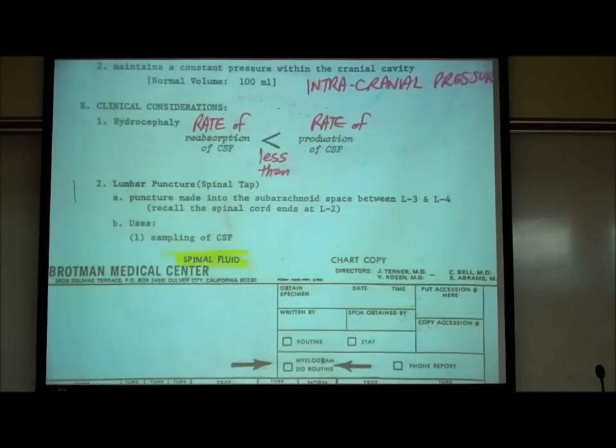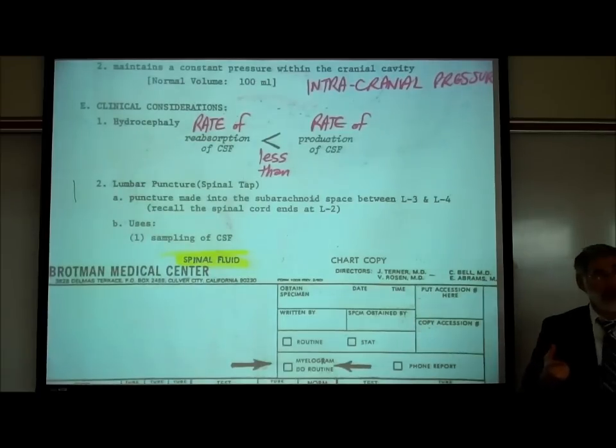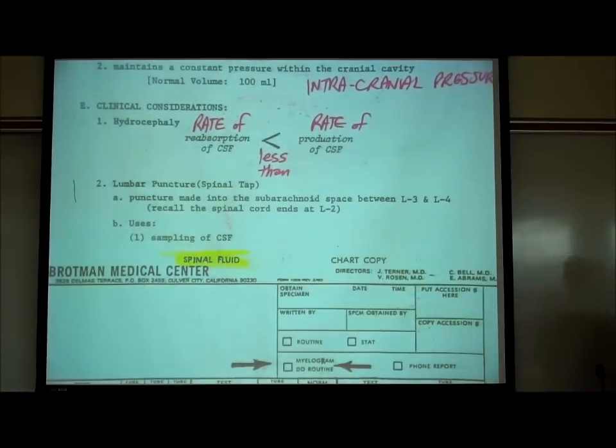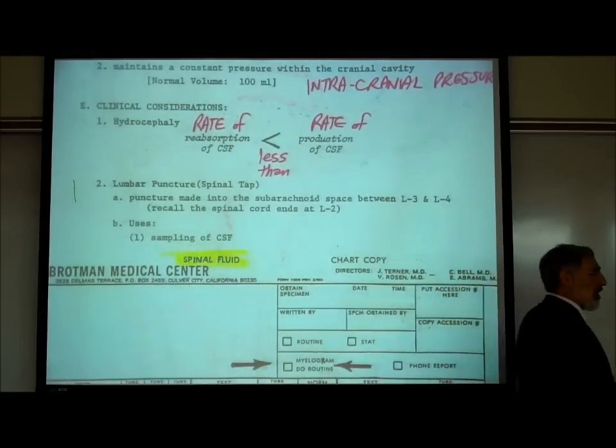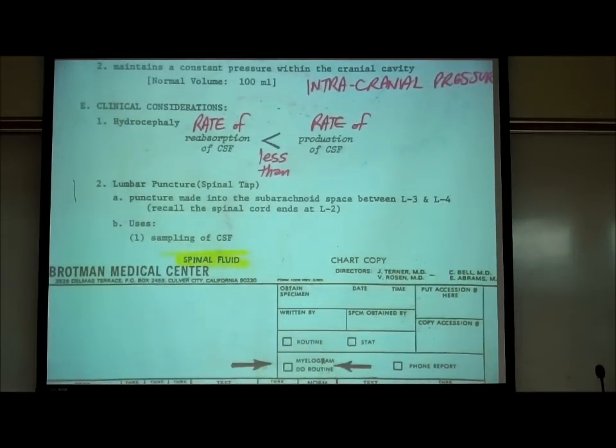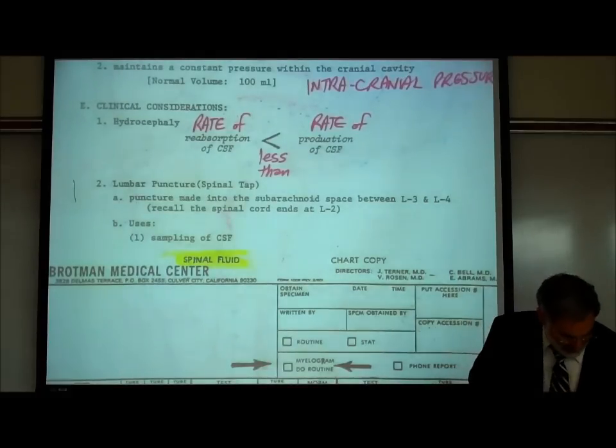The only way to definitively know whether somebody has spinal meningitis is to insert a needle between the lumbar vertebrae, usually between L3 and L4, below where the spinal cord ends, and insert the needle into the subarachnoid space, withdraw some of the cerebrospinal fluid, and see if there are bacteria in that fluid. And then you can diagnose that it's bacterial spinal meningitis, and you know which bacteria are causing the infection, and then you choose the correct antibiotic based upon the type of bacteria that's causing the infection.